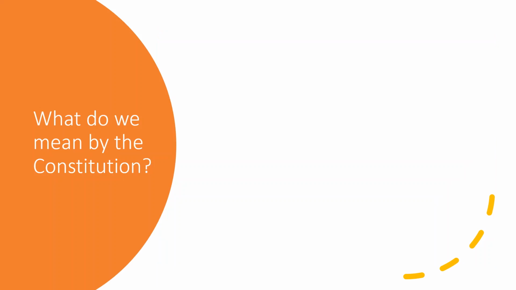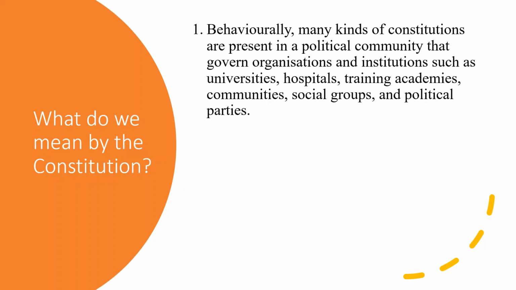If we move forward, the question remains, what do we mean by the Constitution? Now, this is different from defining the Constitution. Here, we are majorly concerned with what we mean when we use the term Constitution, and here we enter the idea of modern Constitution. So it goes like this. Behaviorally, many kinds of constitutions are present in a political community.